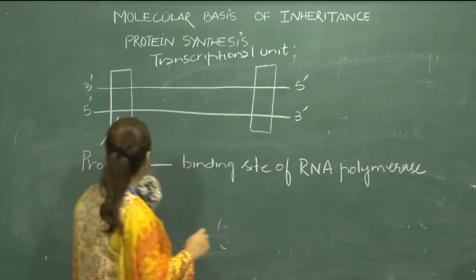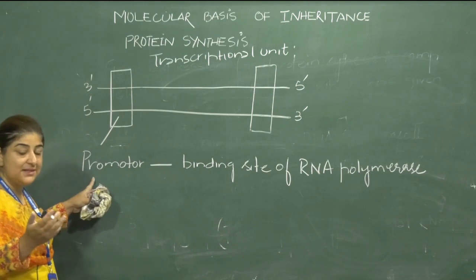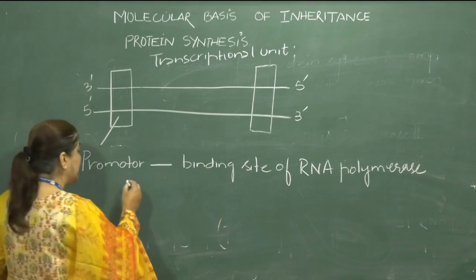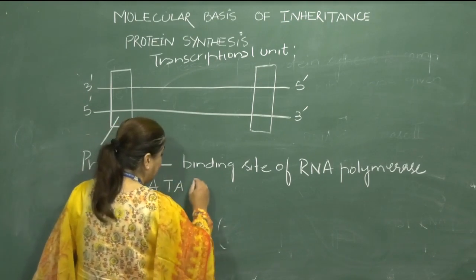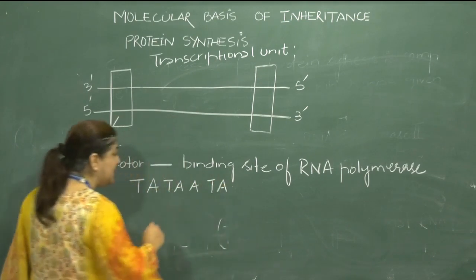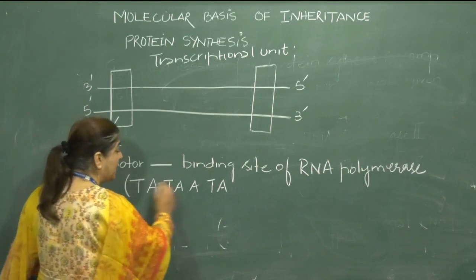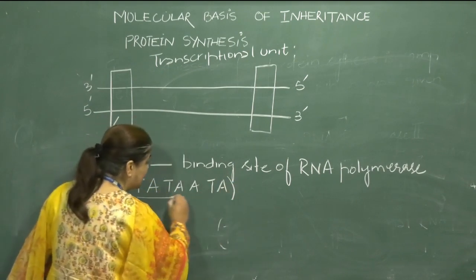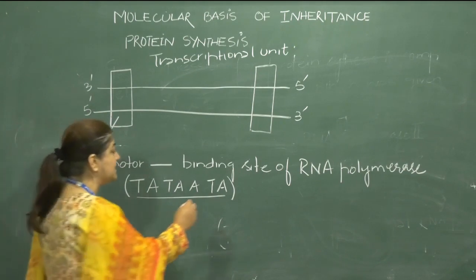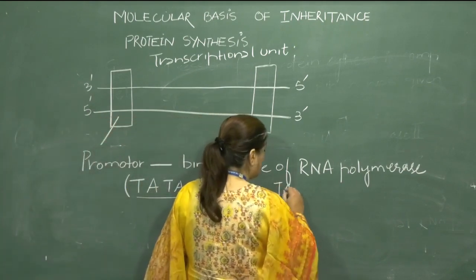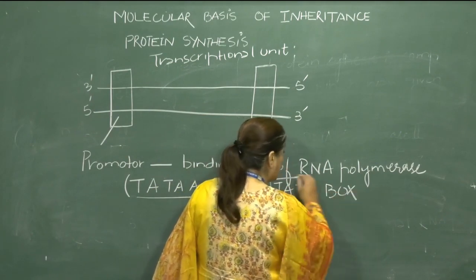And this promoter region has certain sequences, like TATA, TAAA, TA. So it is rich in these types of nitrogen base sequences. So this region is also known as the TATA box. Why is this known as the TATA box?